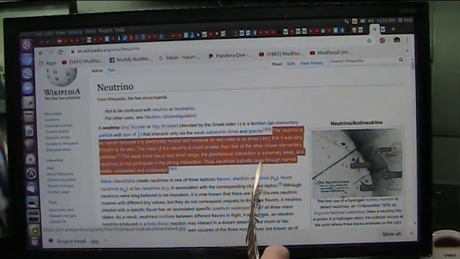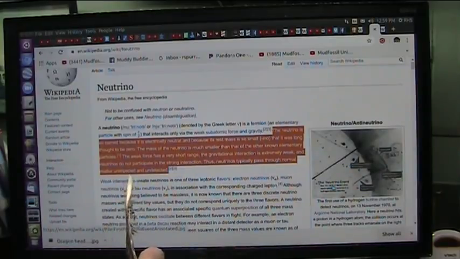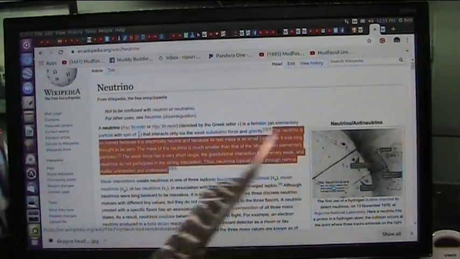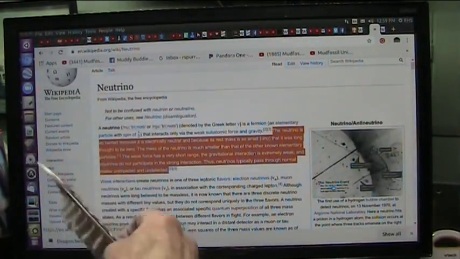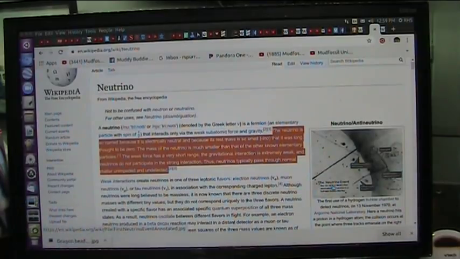Thus, neutrinos typically pass through normal matter unimpeded and undetected. No, they pass through normal matter and jump right back to electrons. They are not independent particles. They want to be attached to electrons. The only way they will separate from an electron is under extreme duress.